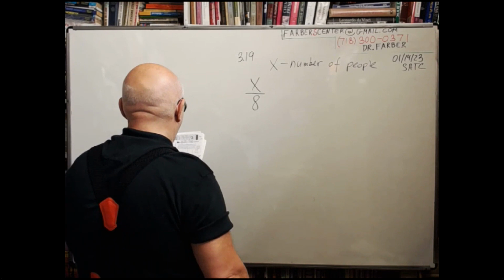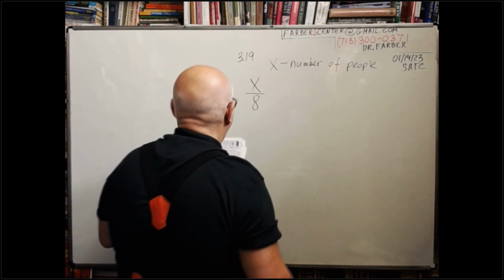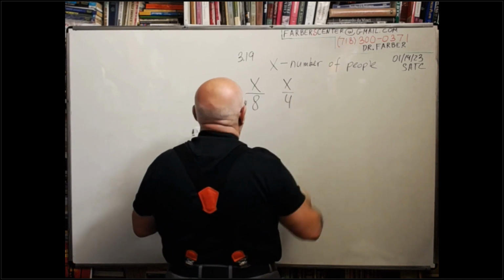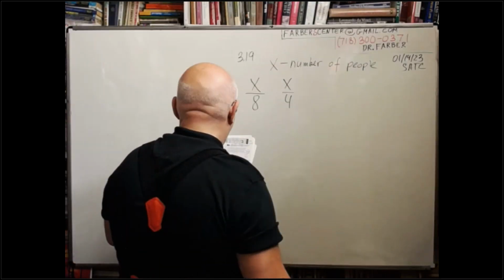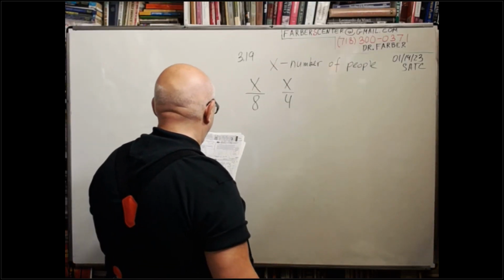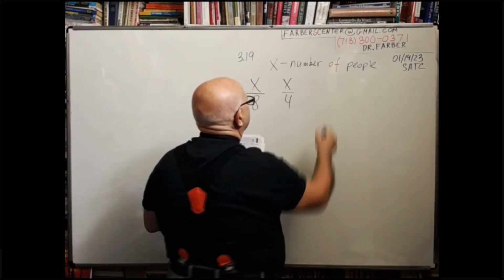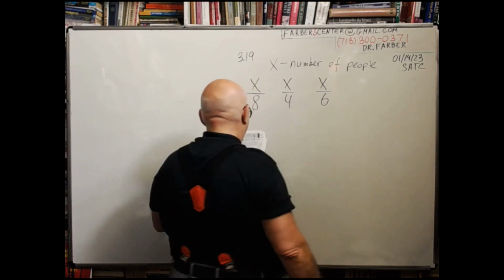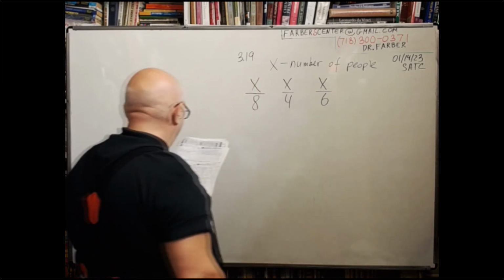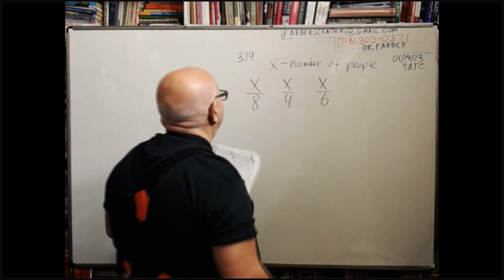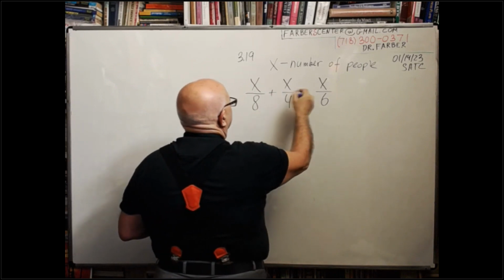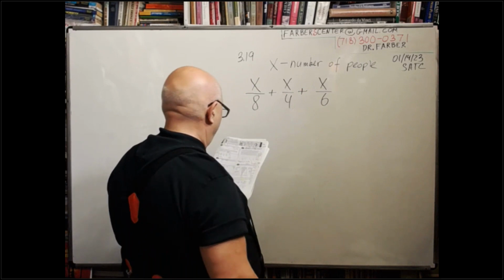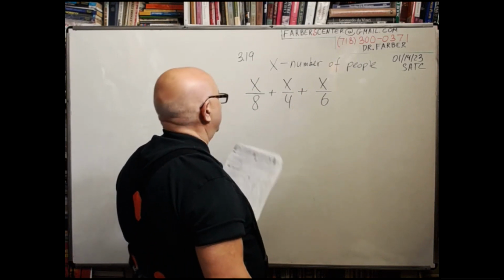One large bag of chips for 4 people. And 1 cheesecake for 6 people. If you add them up, the total is supposed to be 78.